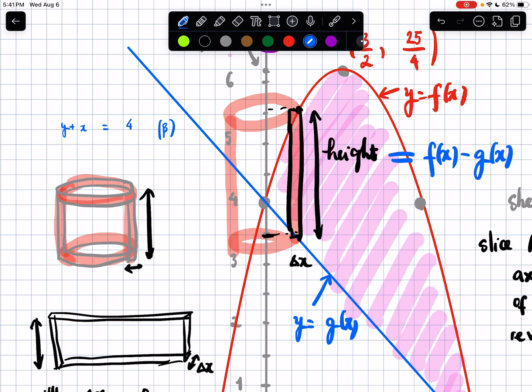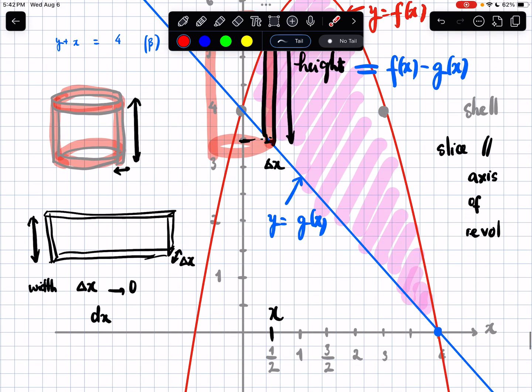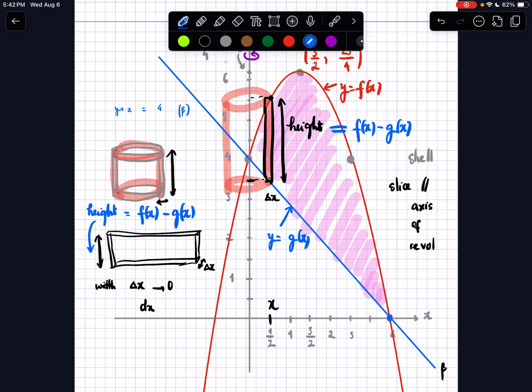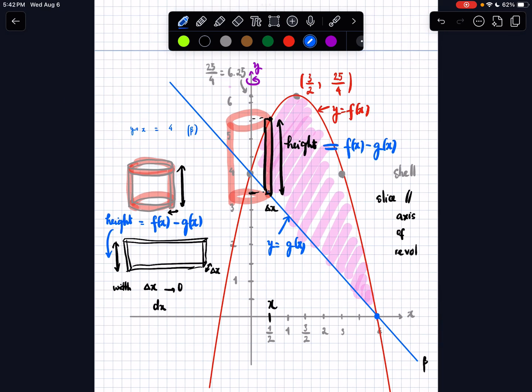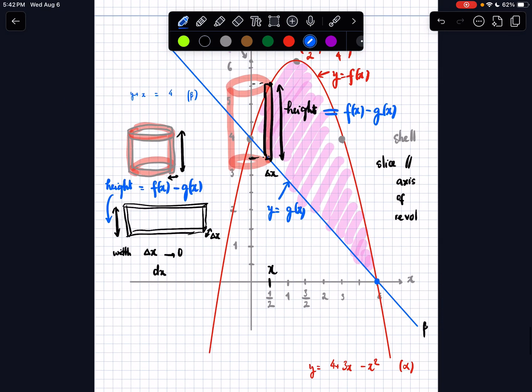So this is this height minus this height. The height is f of x minus g of x. In our case, f of x is this function, and the second function, y equal to 4 minus x, is g of x.